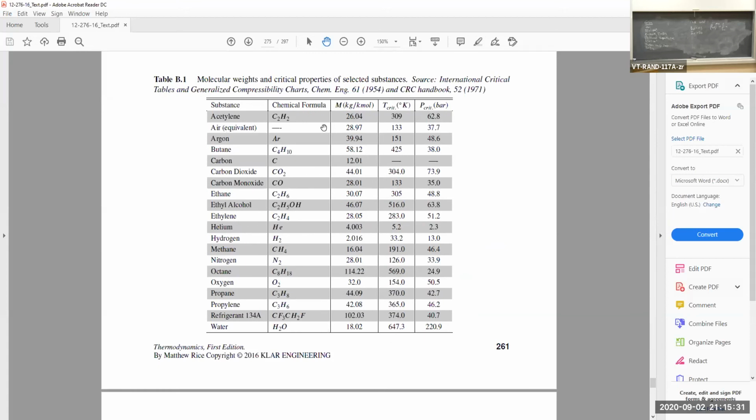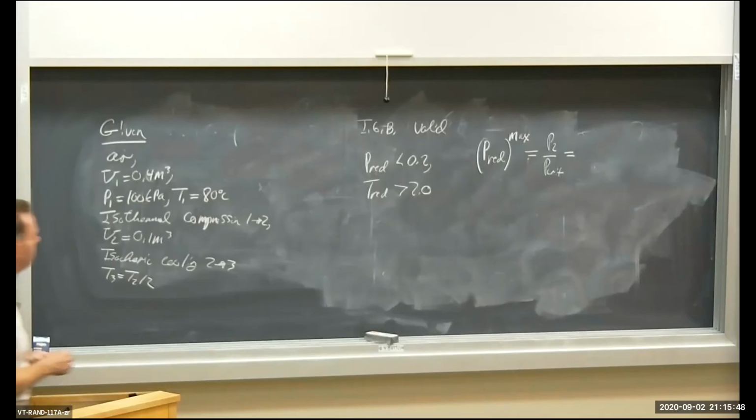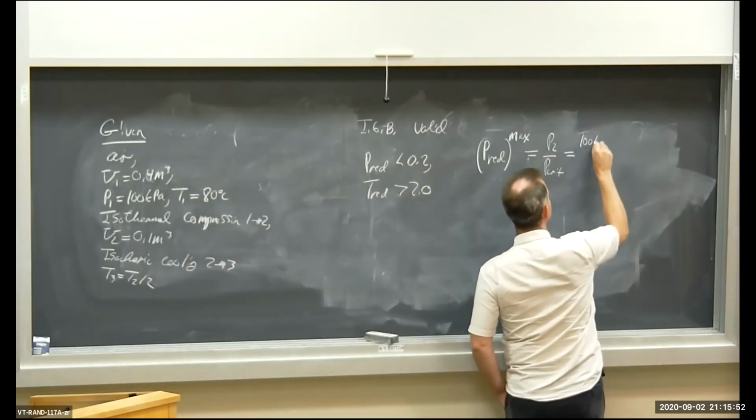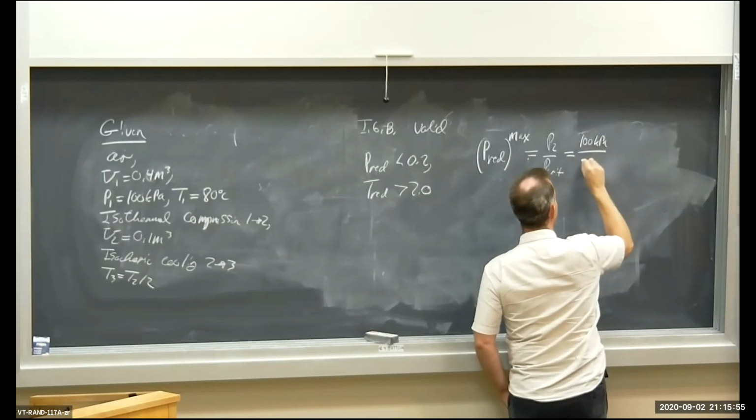Air equivalent. It's a mixture of nitrogen and oxygen primarily. Molecular weight, critical temperature and critical pressure, 37.7 bar. P2 is 100 kPa. And P crit was 37 bar.